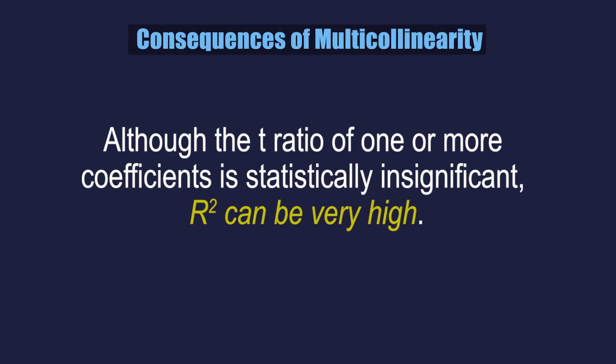So if the R square comes out to be very high, which means the explained variation is near 100%, it gives us a kind of confusion or ambiguity or some kind of contradiction, that this model has a problem of multicollinearity.